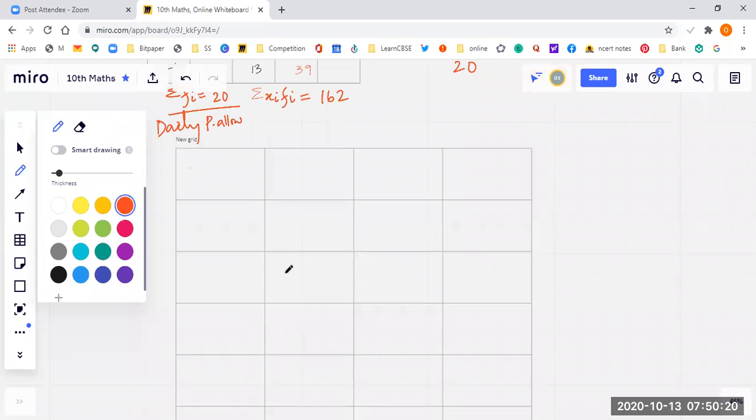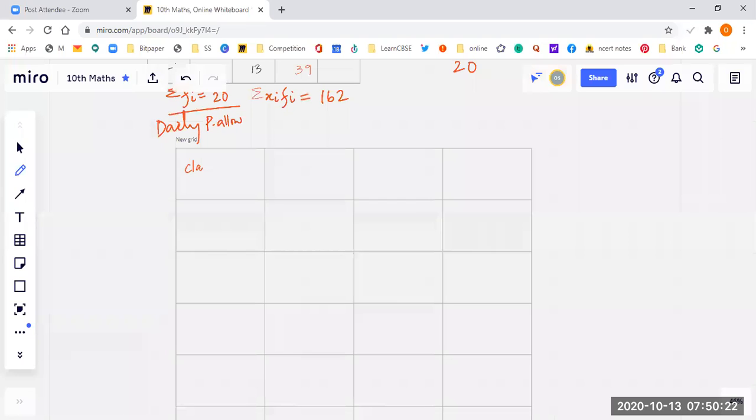I have given a name to this: class interval. The class here doesn't mean a classroom in the school; it's the language used in this topic. The class interval is like 11 to 13, a difference of 2, then 13 to 15. Like that, please complete it yourself.